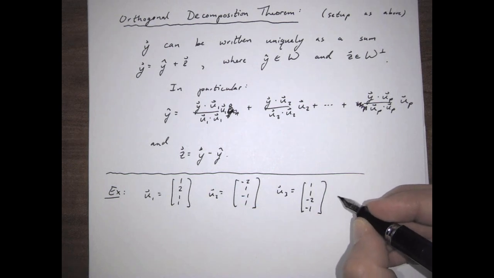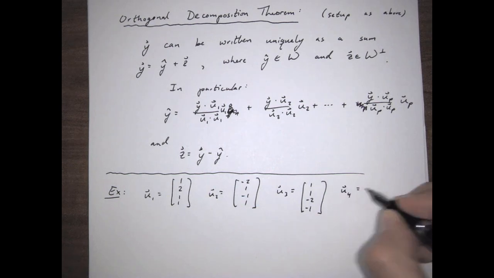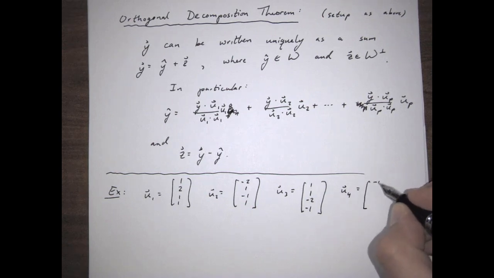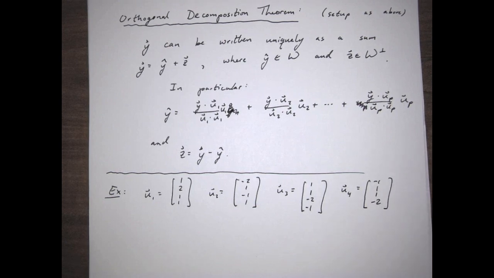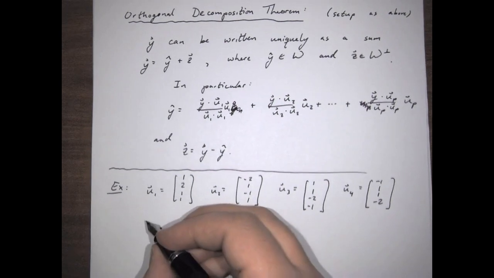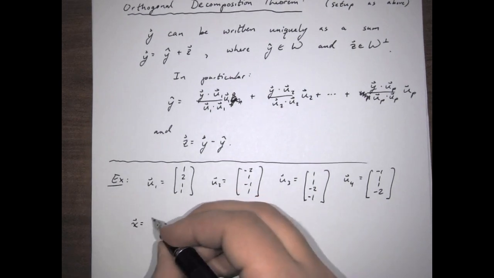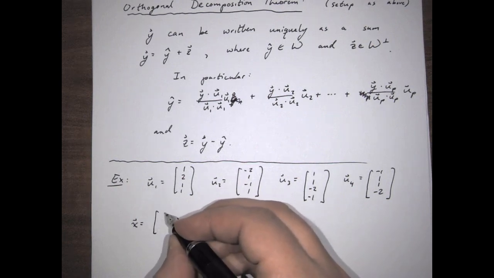And then let's say that u4 is equal to -1, 1, 1, -2. Furthermore, we're going to have one more vector x, which is going to equal 4, 5, -2, 2.